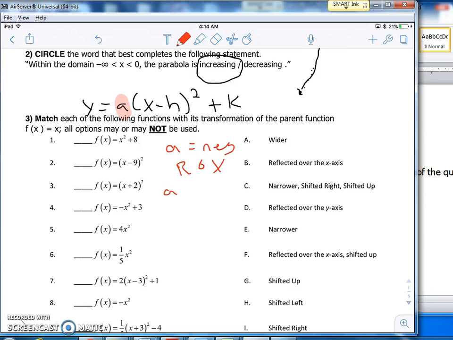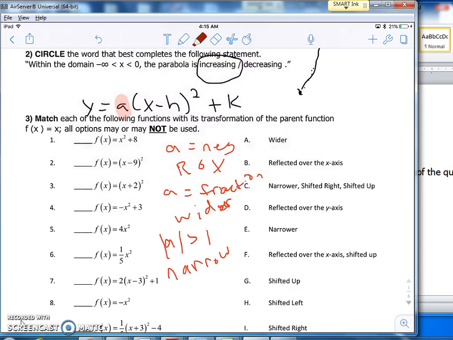When a is, and let's just call it a fraction, although that's not the best way to think of it, when a is a fraction, it gets wider. It has a vertical shrink, which makes it look wider. And when the absolute value of a is bigger than 1, then it looks narrower. Boy, that's terrible handwriting. Sorry about that.